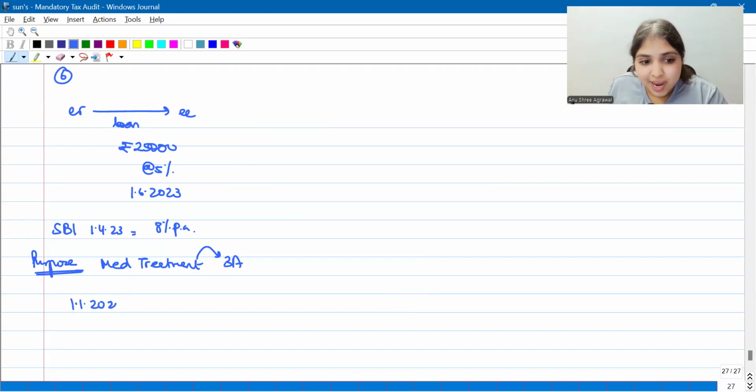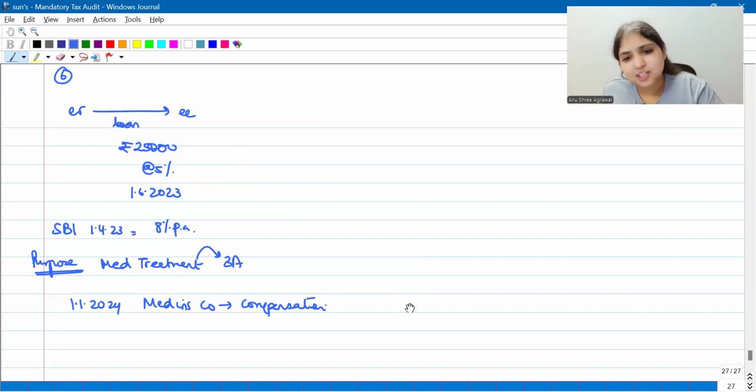On 1st Jan 2024, the medical insurance company gave some medical insurance compensation to the assessee. How much compensation? Let us say 8,000 rupees. And the employee has decided to keep this compensation also.